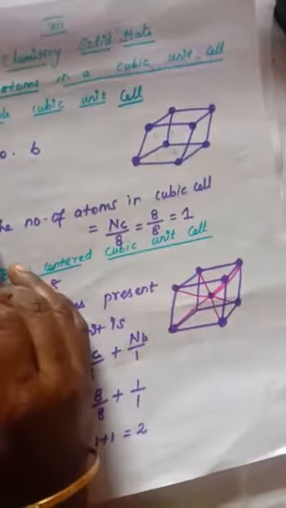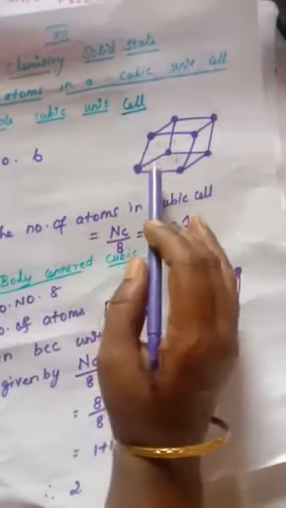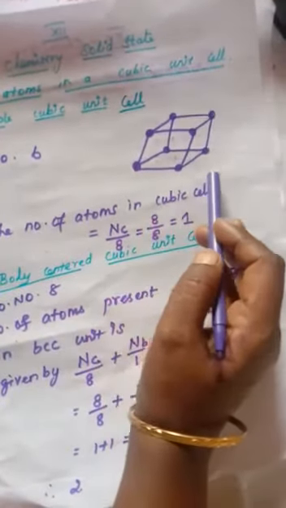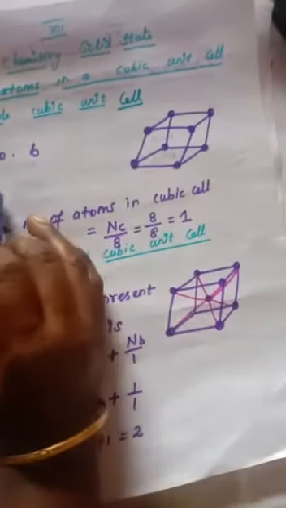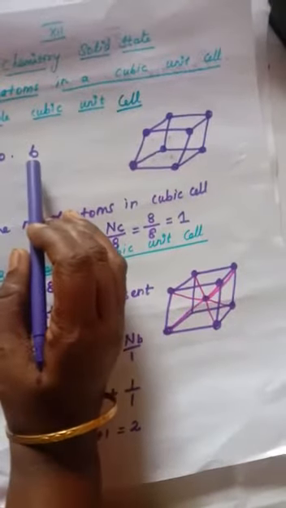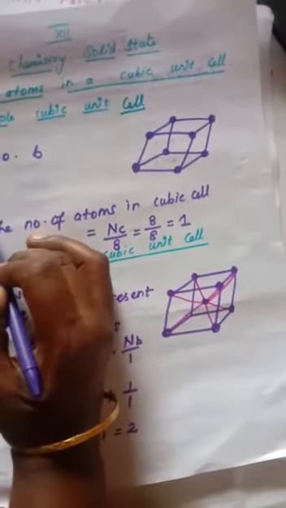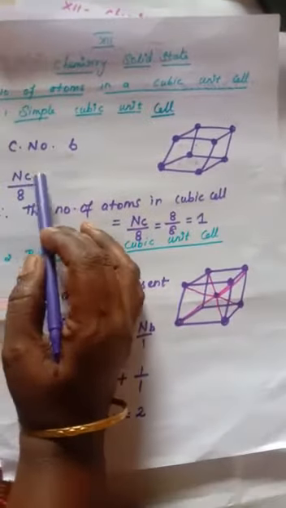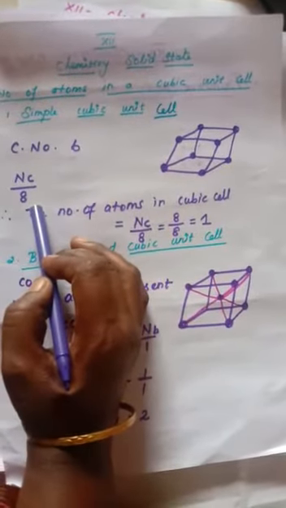Each atom in the corner in a simple cubic unit cell is shared by 8 neighboring unit cells, and therefore the number of atoms per unit cell is equal to Nc divided by 8.